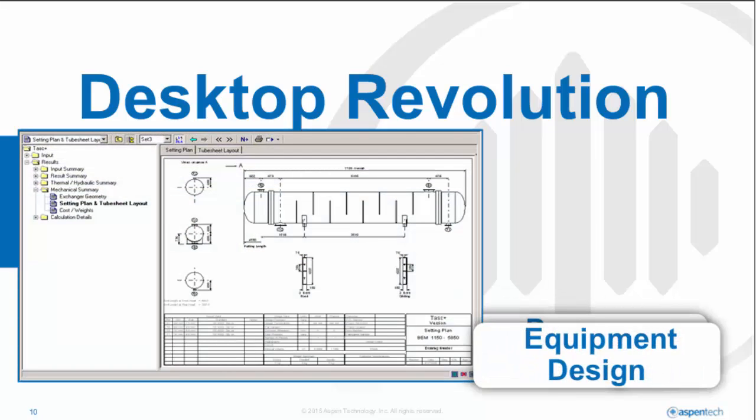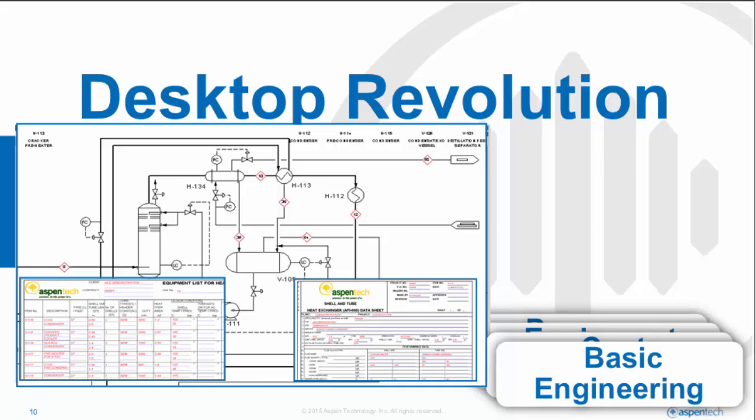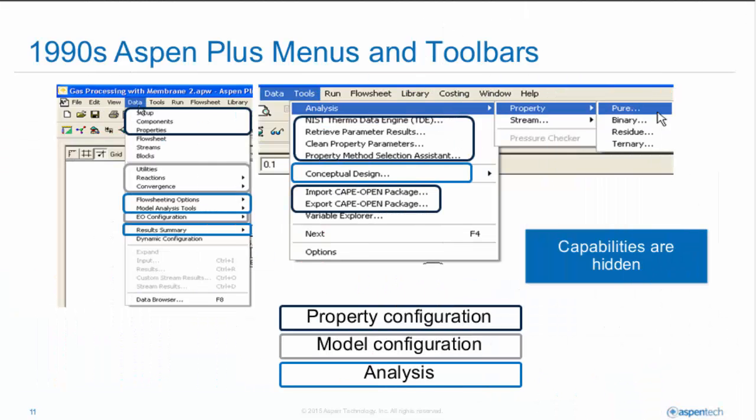We had similar desktop tools for energy, for equipment design, for cost estimation, for basic engineering. And all of these have some things in common. They're based on the old Windows metaphors of pull-down menus and toolbars.